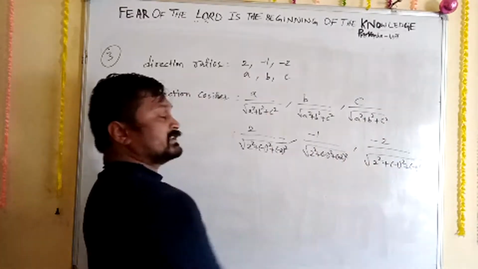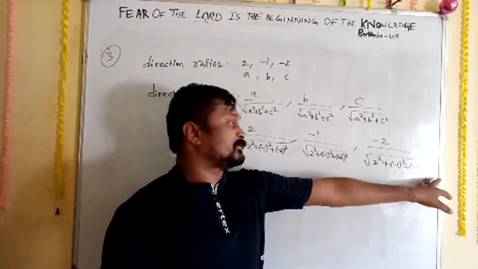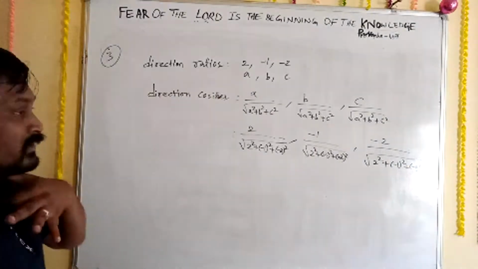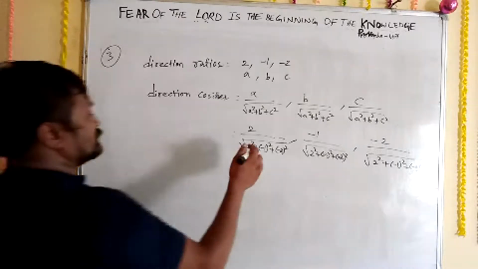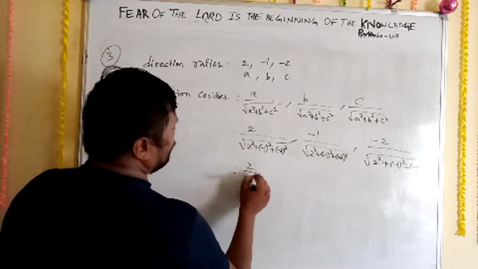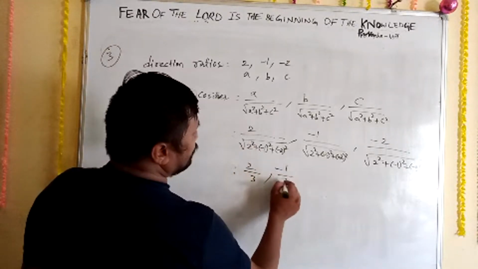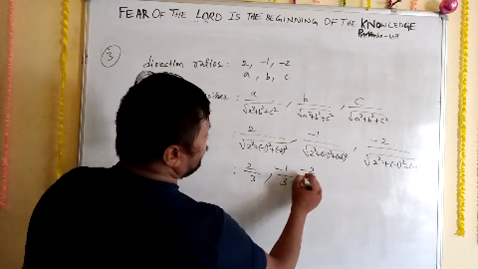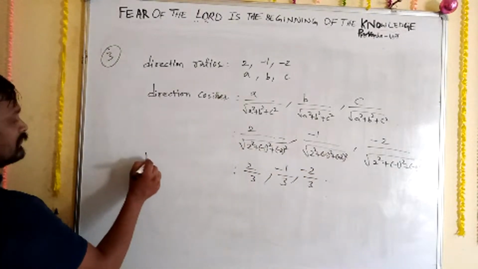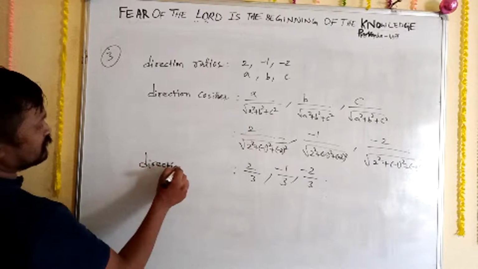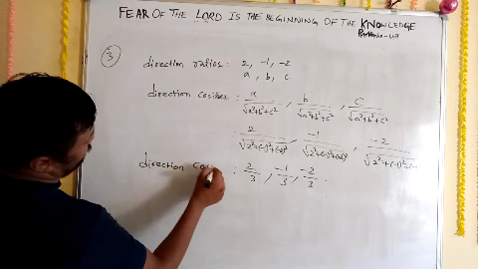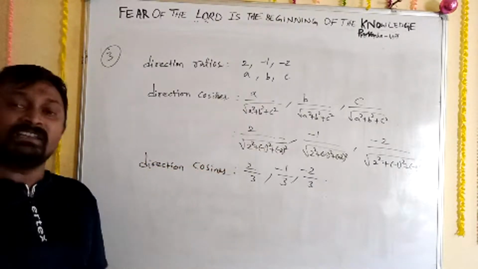So 2 square is 4, minus 1 whole square is 1, minus 2 whole square is 4, 4 plus 1 plus 4 is 9, and the root is 3. So we can write 2 upon 3, minus 1 upon 3, minus 2 upon 3. So that is the direction cosines of the given line.